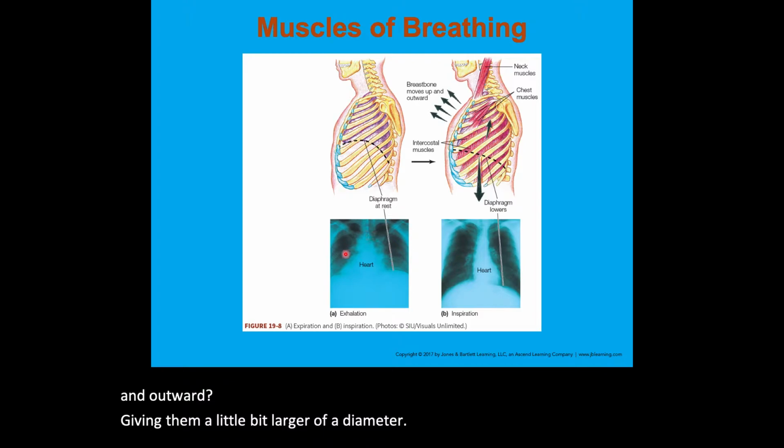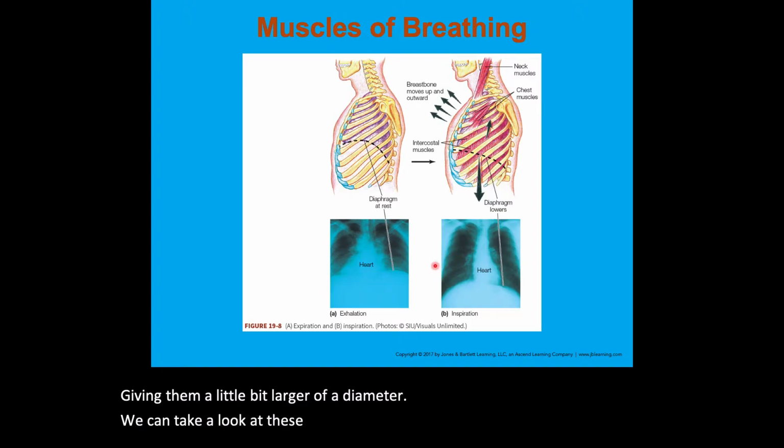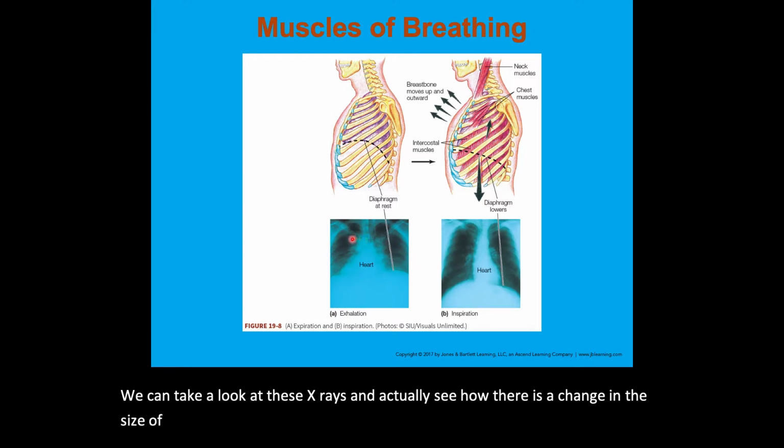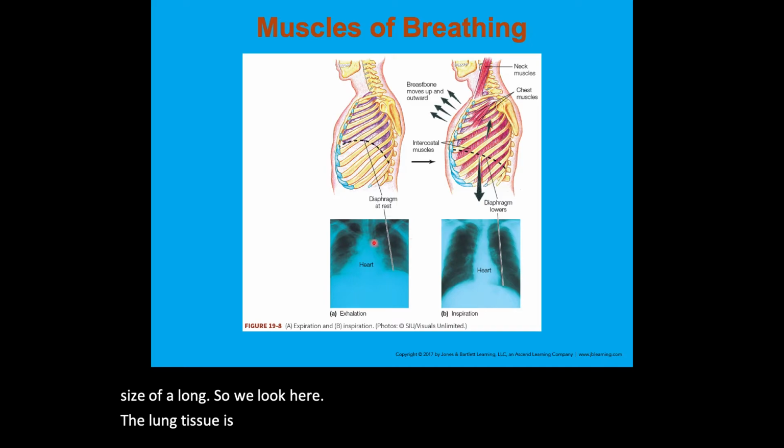We can take a look at these x-rays and actually see how there is a change in the size of the lung. So we look here. The lung tissue is depicted by the black space.